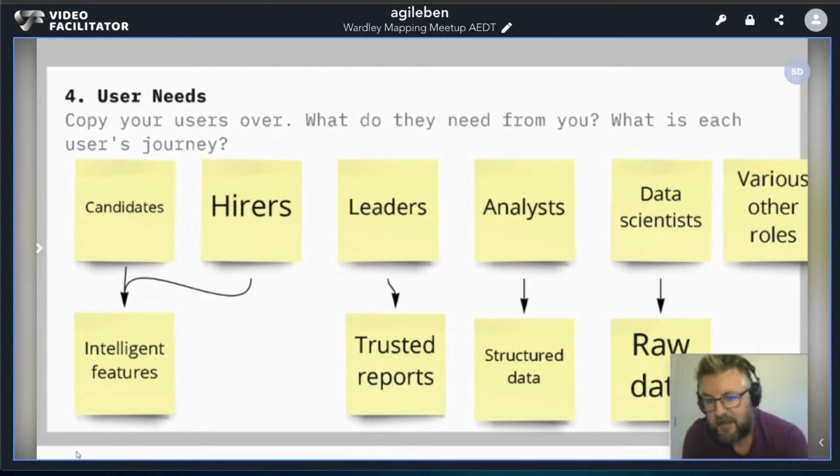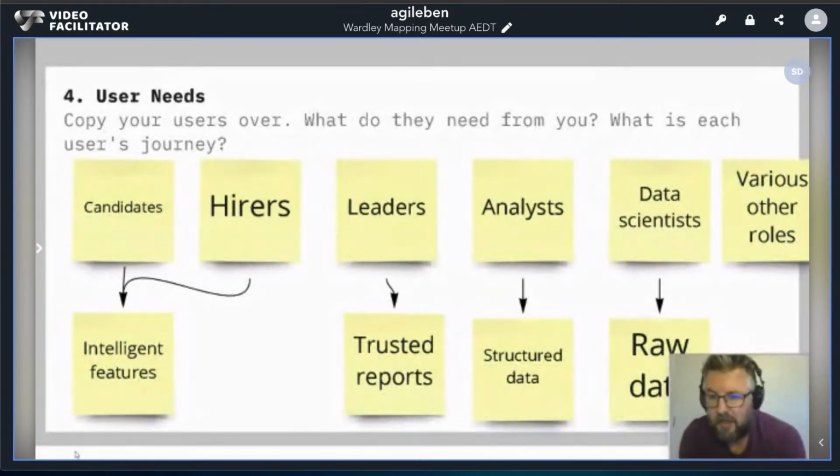For data scientists, it's the opposite. They want access to raw data, and there could be data engineers and other roles as well. But ultimately, for this example, we'll dig into just one of the user needs and see how we can analyze it with a map.